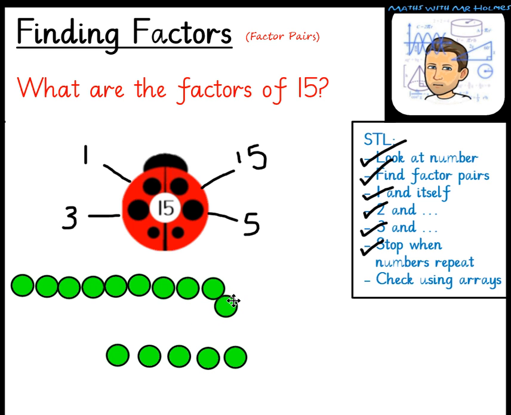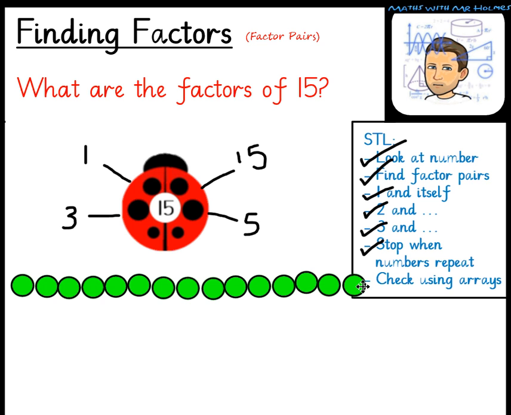Quite a few counters, so I'm going to take just a little moment to arrange those. And there you go. 1, 2, 3, 4, 5, 6, 7, 8, 9, 10, 11, 12, 13, 14, 15. So we're happy that 1 and 15 are factors. And we also know that every number has a factor of 1 and itself.